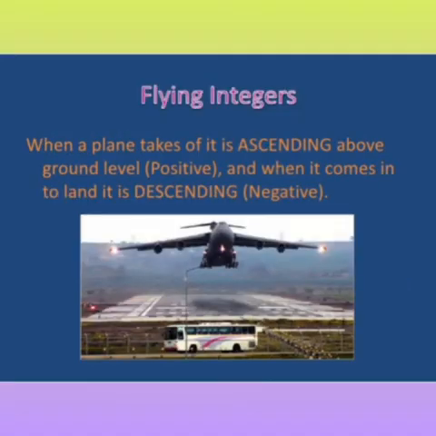Next real life example is flying. When a plane takes off, it is ascending above ground level, which is considered positive, and when it comes in to land it is descending, which is considered negative. So ascending is considered positive and descending is considered a negative integer.